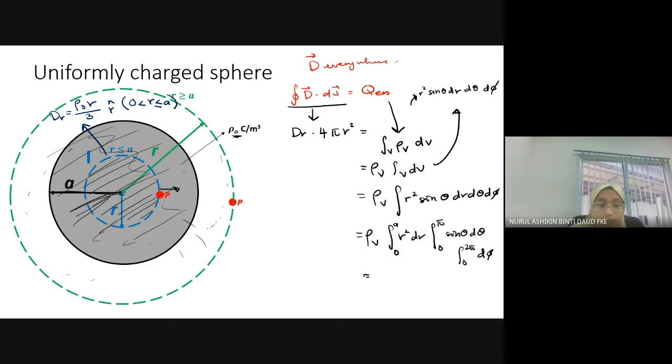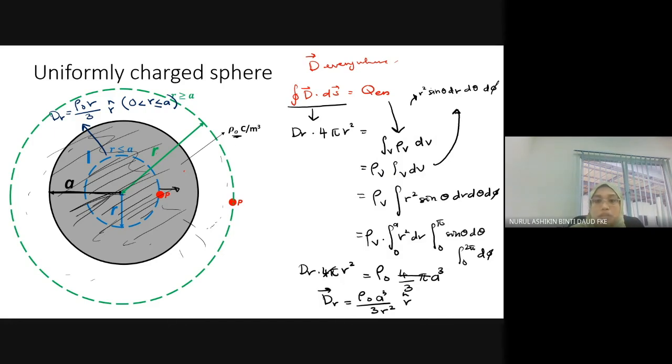So in this case, it will be rho naught 4 over 3 pi a cubic. Instead of r, it will be a cubic, and then ds is 4 pi r squared. The 4 pi cancel each other, so D will be rho naught a cubic over 3r squared in the r direction.